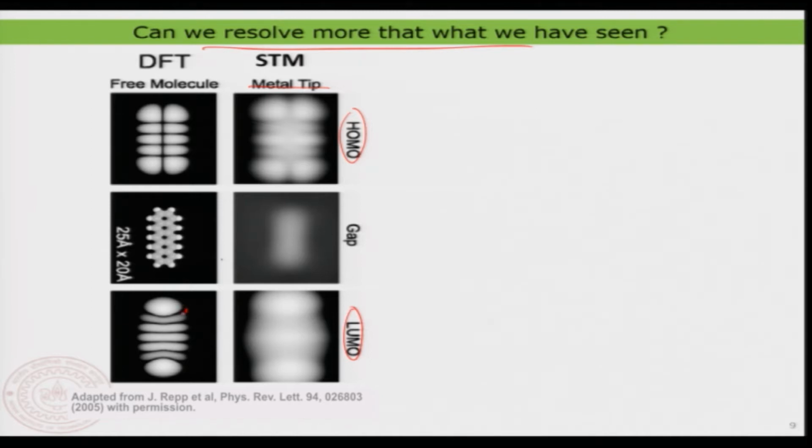If I want to resolve these tiny features within the molecular orbital, the sharpness of the tip should also be in that order. Although we talk about a sharp metallic tip, you are not always having an idealized one-atom tip.